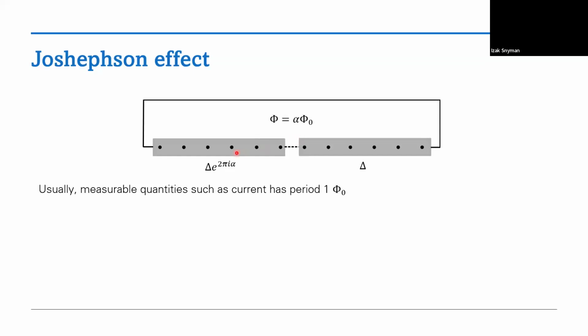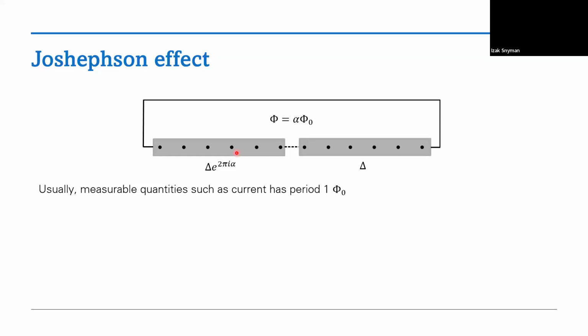Now, if there's non-zero flux in the loop, there is current flow, and you can measure the current as a function of flux.